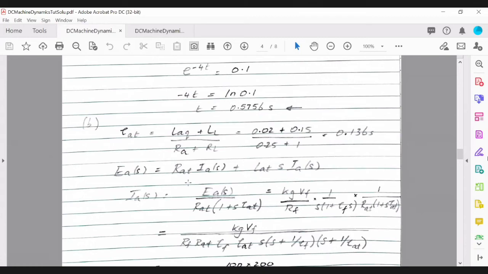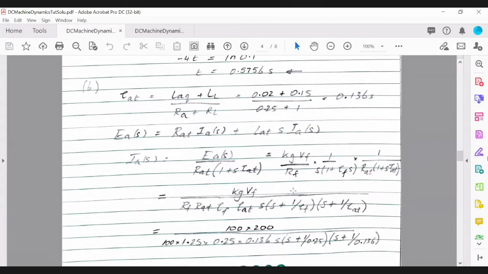A load is being added to the generator. So we've added LL and RL to the inductance and the resistance of the armature, and that will give us tau A. You can work out that time constant, and here again, this is your equation for the armature.